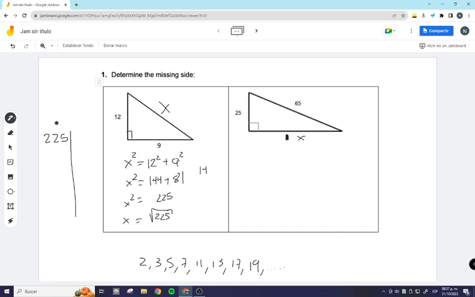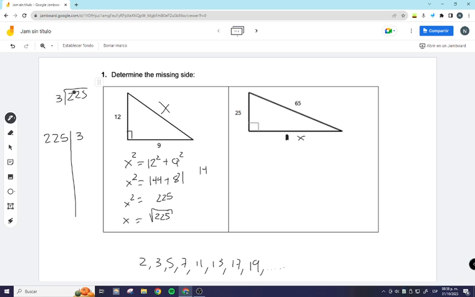Let's check. Remember, in order to check if a number is divisible by 3, what you do is adding the digits. So 5 plus 2 plus 2 is 9. And since 9 is a multiple of 3, it means that this one can be divided by 3. So let's remember how to divide. 225 divided by 3.